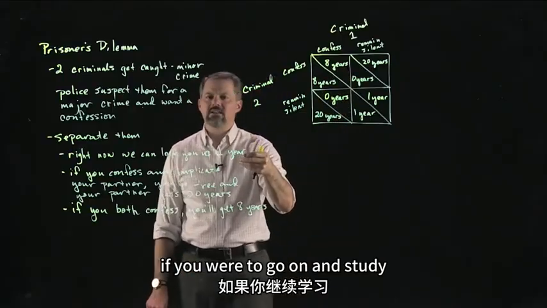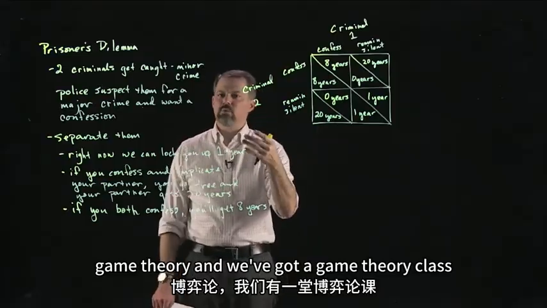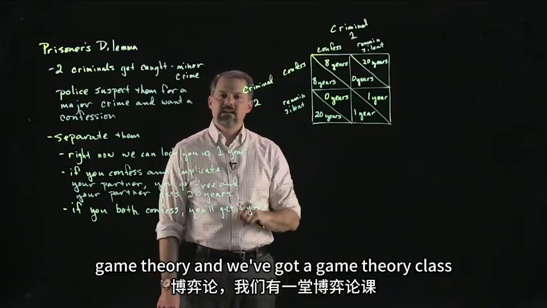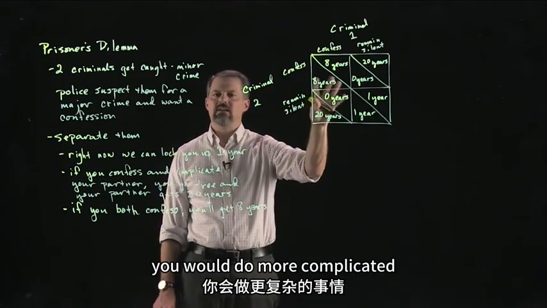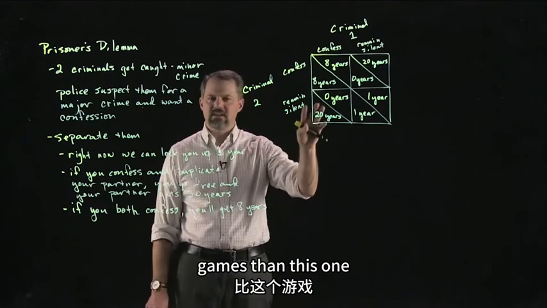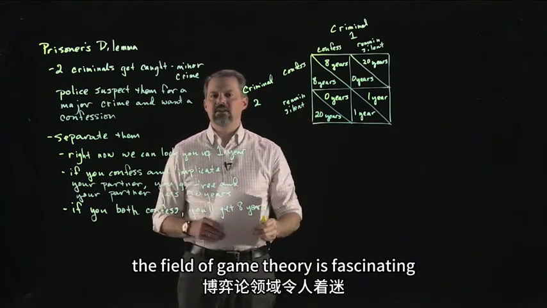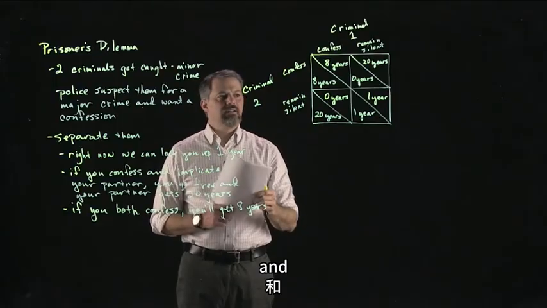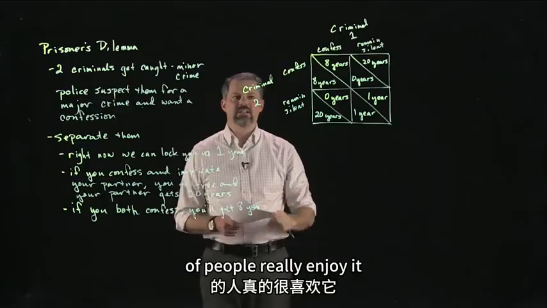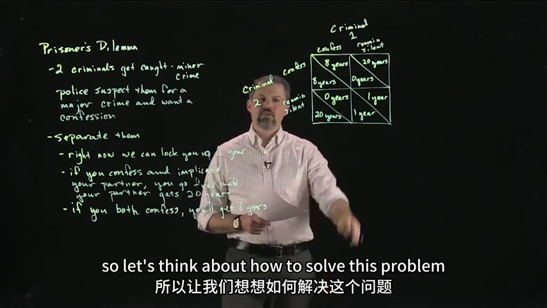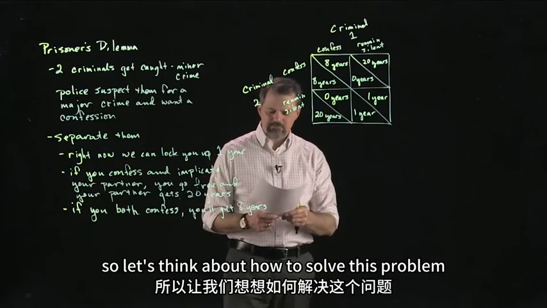If you were to go on and study game theory, and we've got a game theory class here at UCM, and it's a very popular class, you would do more complicated games than this one. The field of game theory is fascinating, and I would encourage you to take that class because a lot of people really enjoy it.